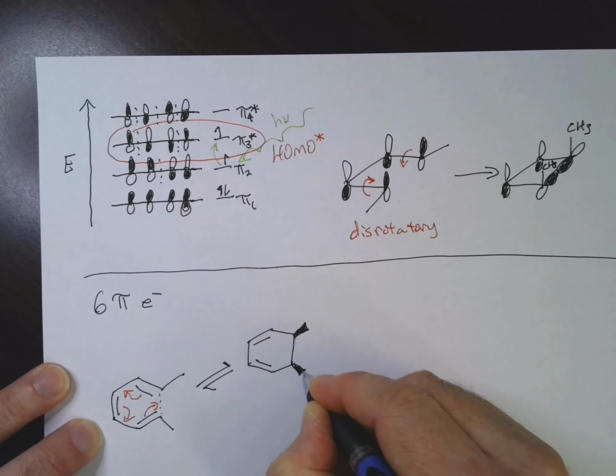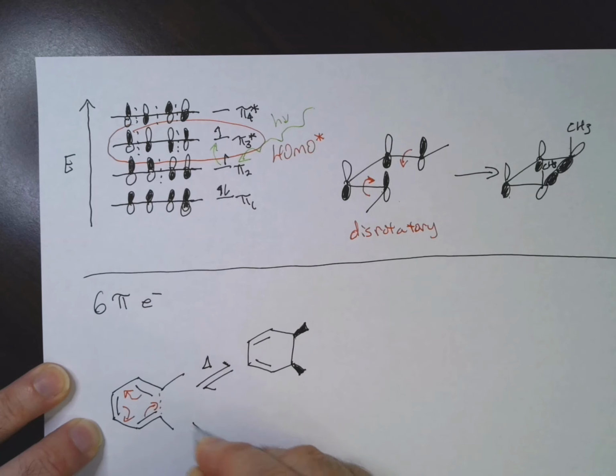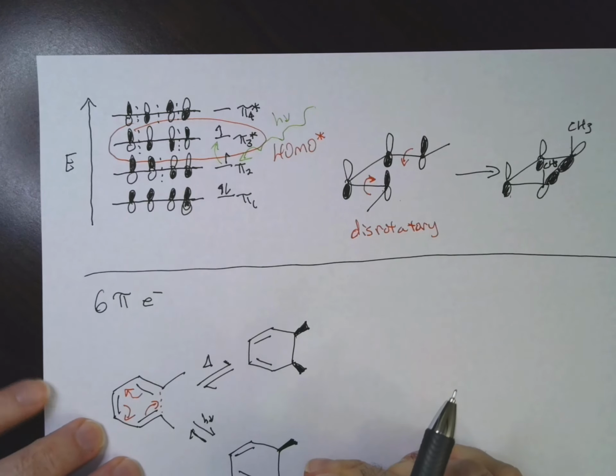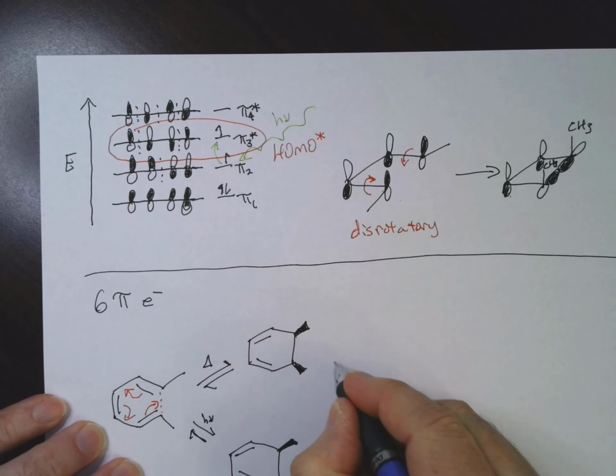So it's the opposite. If we have UV light, that's when we get the trans product. And so depending on which way things go, we could get this or its enantiomer.